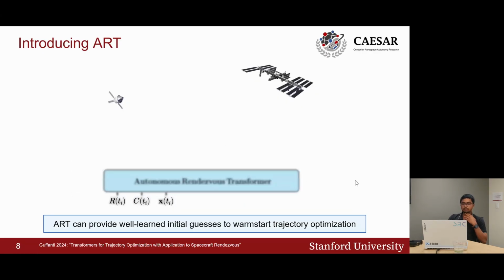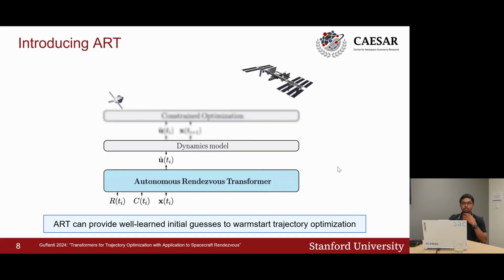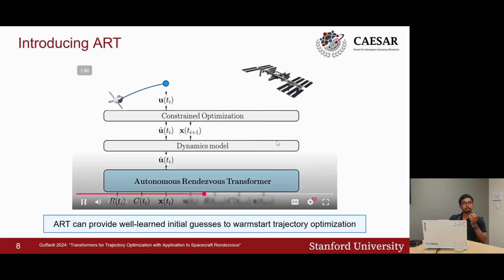Overall, we want well-learned initial guesses. That's one of the common things we saw in the non-convex solvers. The quality of the initial guess definitely influences the solution that the solver returns. So this is one of the proposed methodologies where you supply reward-to-go and constraint-to-go parameters, which are an indication of the objective functions.